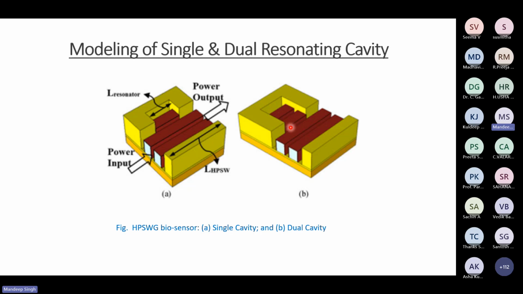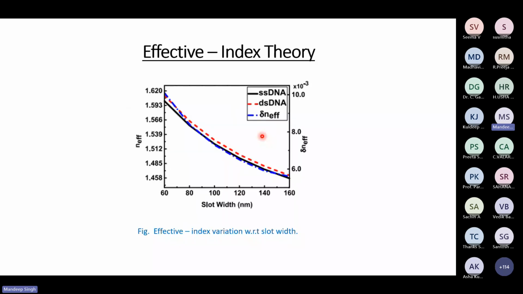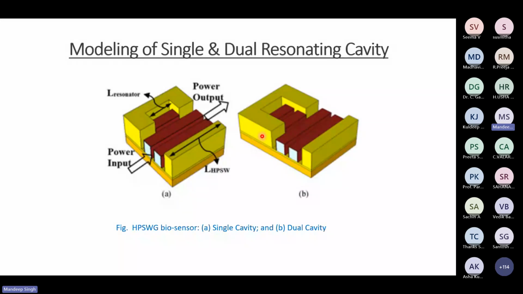For getting the dual cavity, you will get dual slots here also, and this structure will resonate at a particular frequency. To find it, we have to simulate this structure over a band of wavelengths, like 1500 to 1600 nanometer. I can show their field profiles one by one, first for the simple design in the presence of air, and then in the presence of ssDNA and dsDNA, and then we can see the sensing performance.